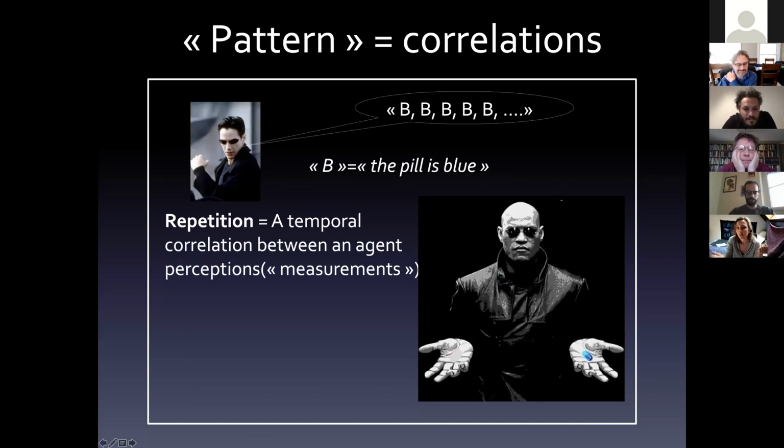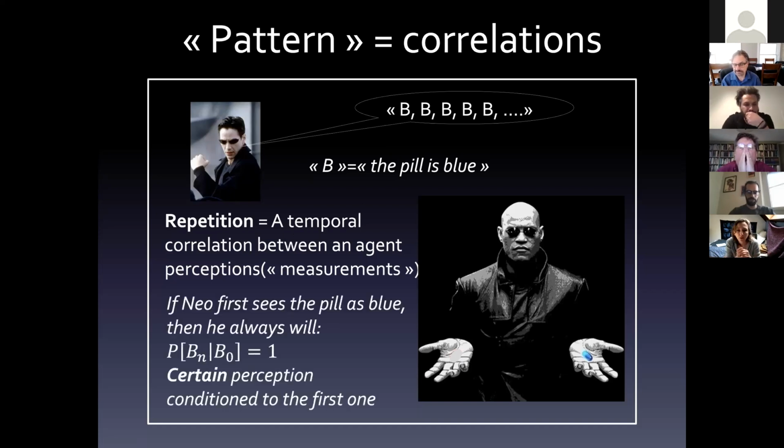And then Morpheus can do the experiment many times of closing and opening his hands. And then Neo will keep saying B, B, B, B, like the pill is blue. So that's the repetition. And repetition, phrased in physical terms, this is a temporal correlation between an agent's perceptions, which we can call measurements, okay?